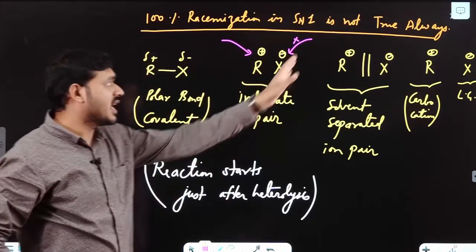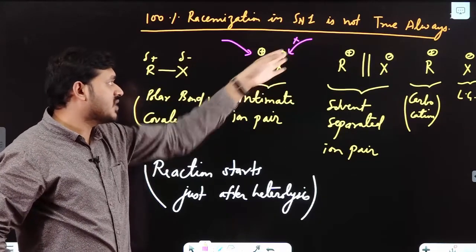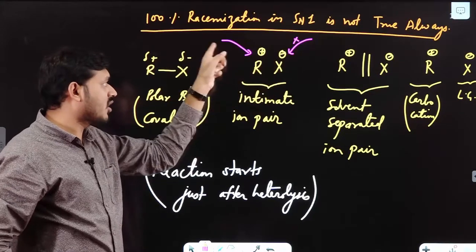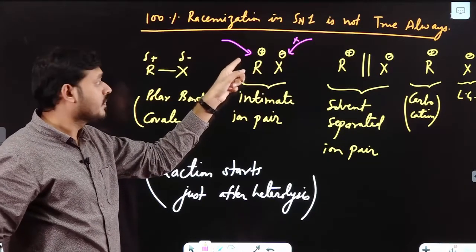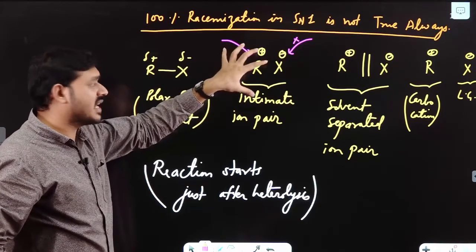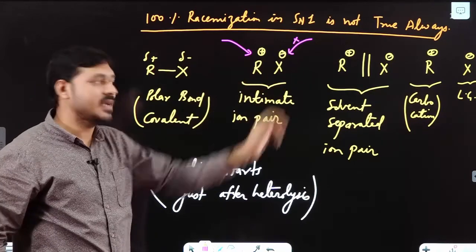Why? Because the attacking reagent, your nucleophile, is also negatively charged, same charges, so they will repel each other. So attack cannot occur at all from this side, attack will occur from this side only. Clear to you? And hence you can understand the major part in this transition state will be SN2 type, and hence the inversion product will be a bit major.